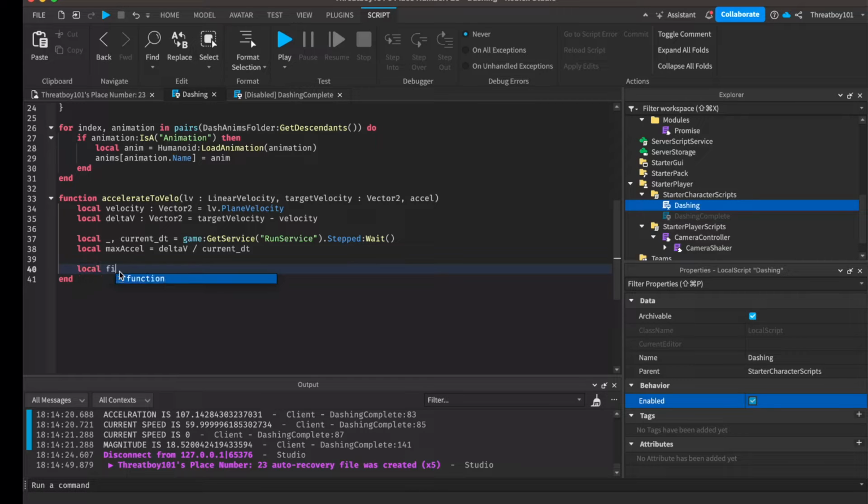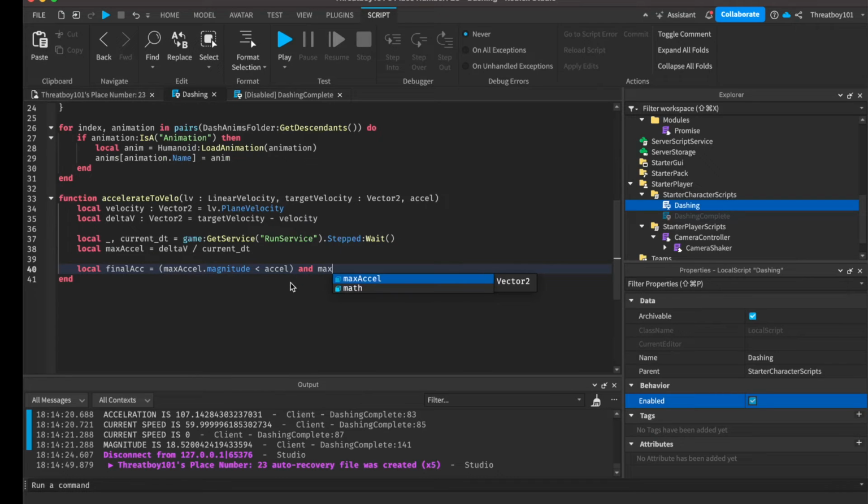Now let's create a variable called final acceleration. We're going to see if our maximum acceleration is less than our input acceleration.